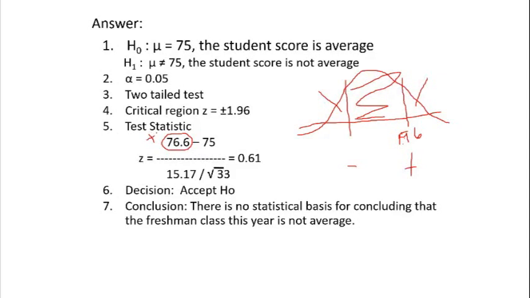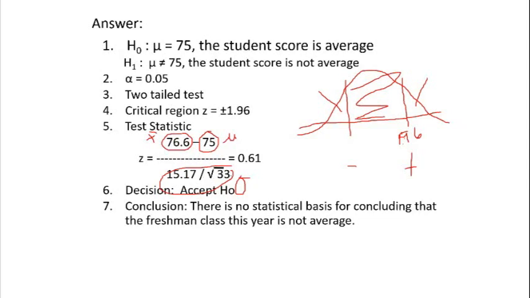Base ito dun sa sample natin na 33. And ito naman yung 75 is the mean. And yung given sa baba, ito is for the standard deviation natin. So, for the formula, ginamit naman na natin dito yung formula for the standard deviation. Kaya tayo nagkaroon ng 15.17 over the square root of 33.